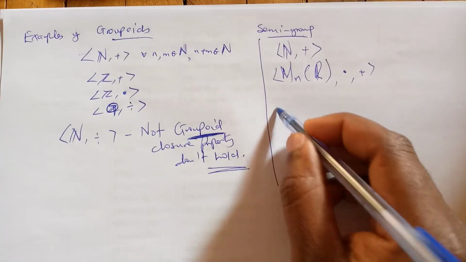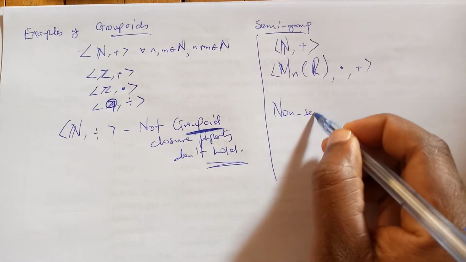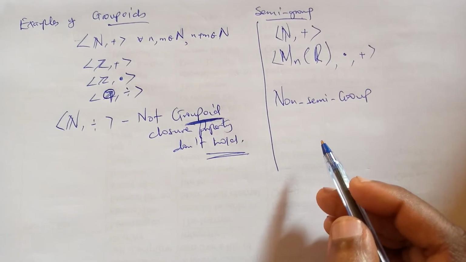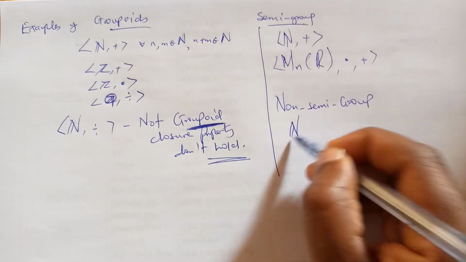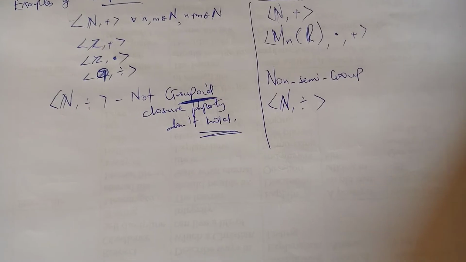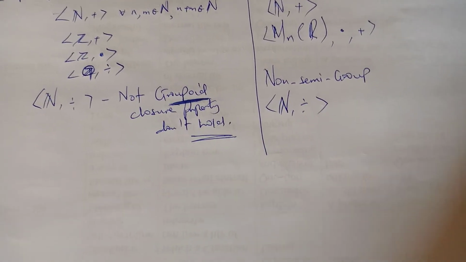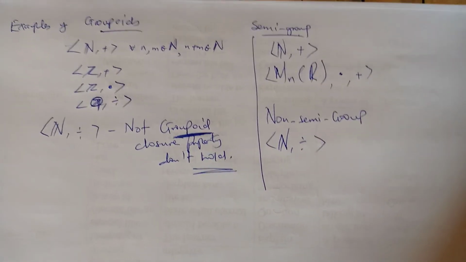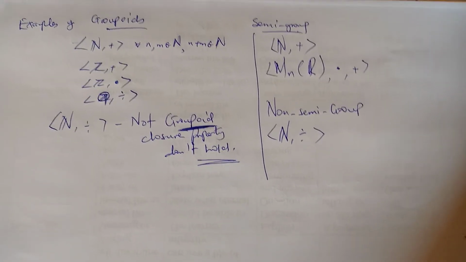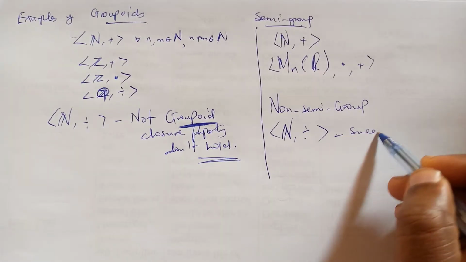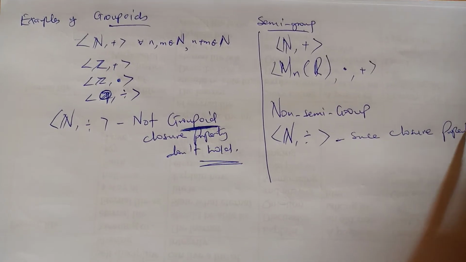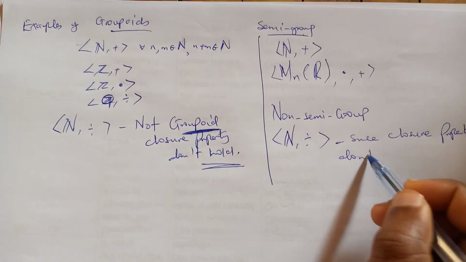So a non-semigroup example here would be the natural numbers under division. This will be a non-semigroup because it's obvious that the closure property does not hold.